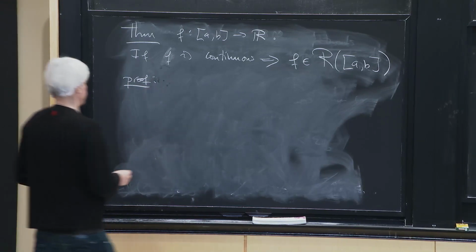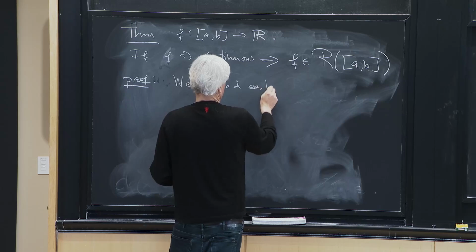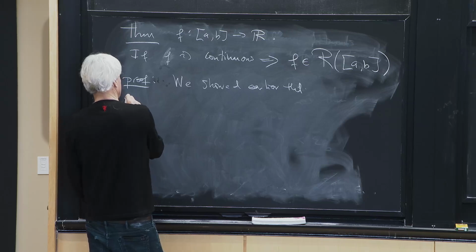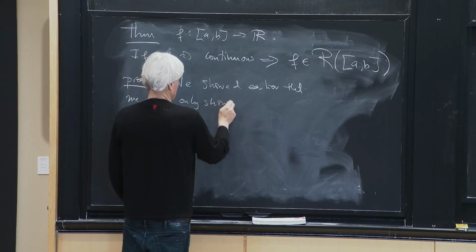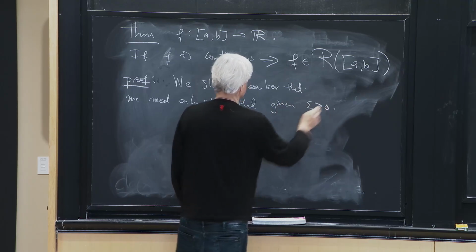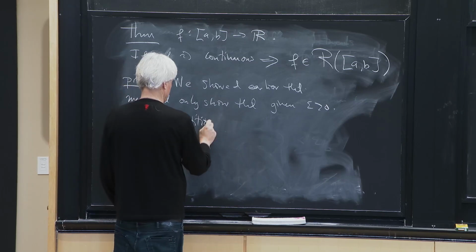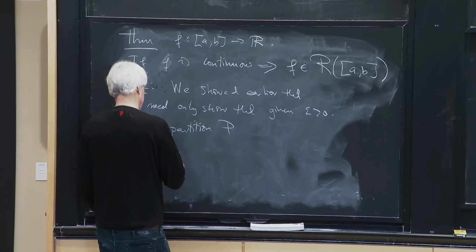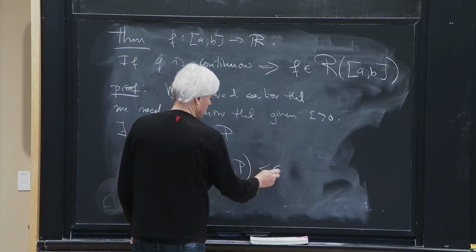We showed earlier that we need only show that given epsilon greater than 0, there exists a partition P such that the upper sum minus the lower sum for this partition is less than epsilon.